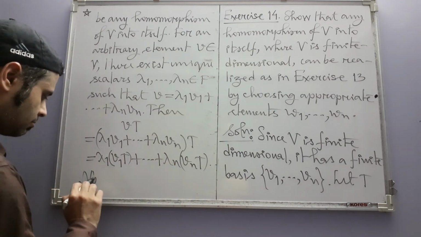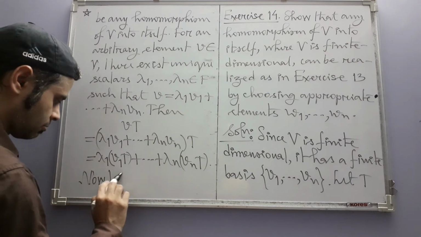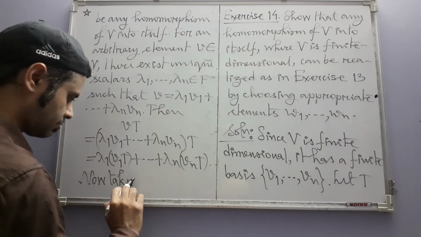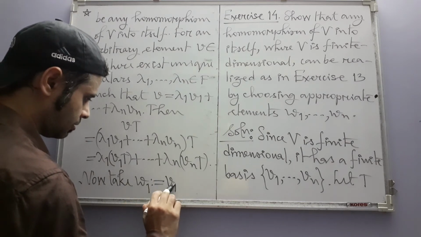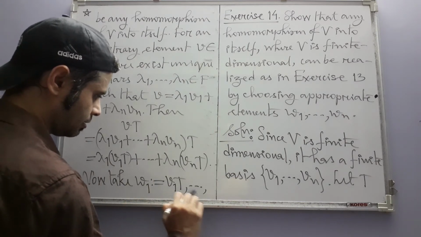Now take W1 to be the image of V1 under T and so on.